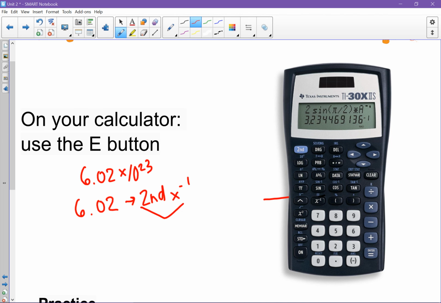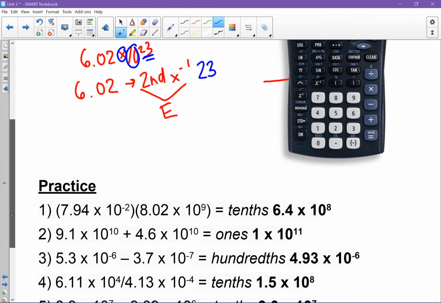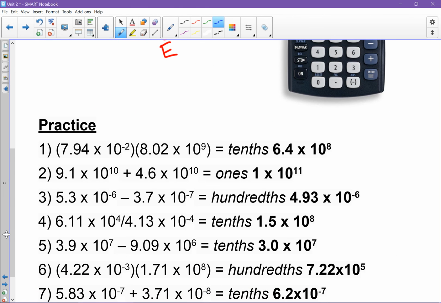This is going to become E. It will literally say E on your calculator. That takes the place of the times and the 10, and then you just push 23 or whatever the exponent is. Okay? So what I'd like you to do is on your calculator, let's go through and put some of these problems in and let's see if we can get these answers.